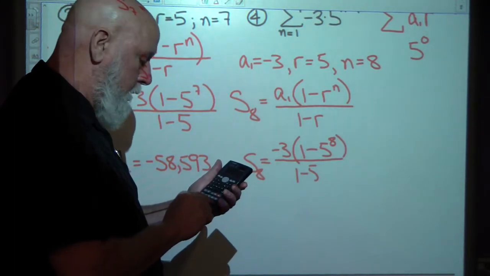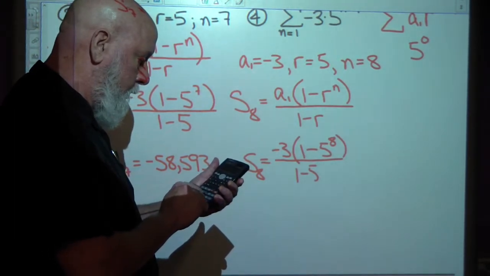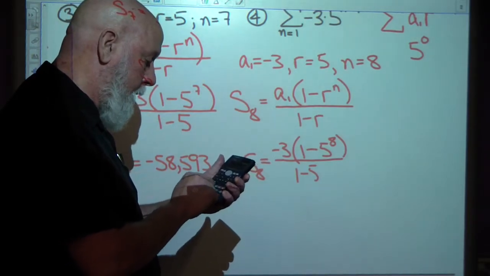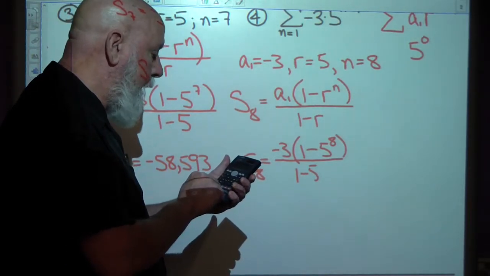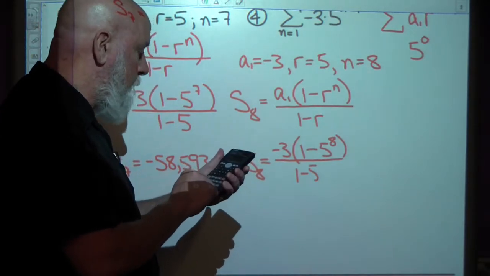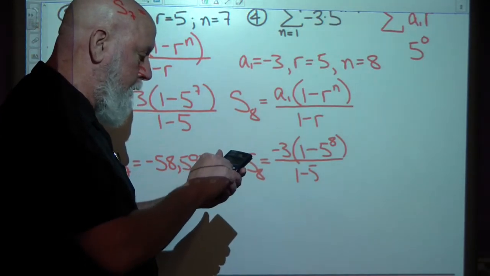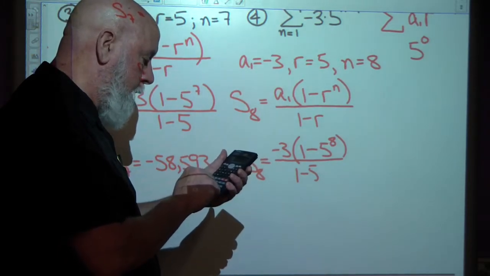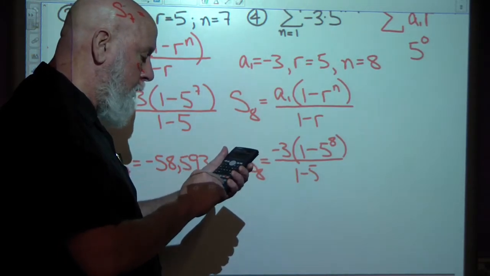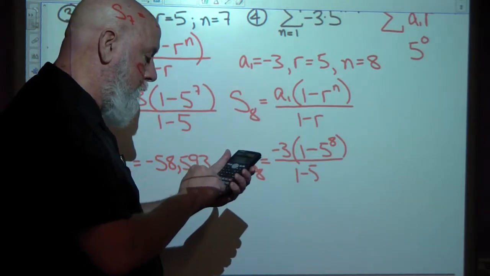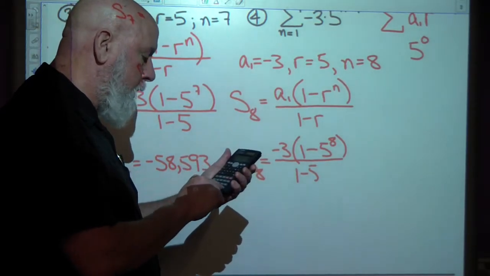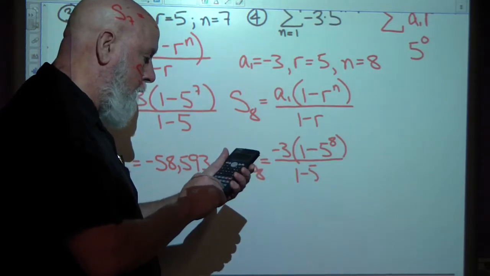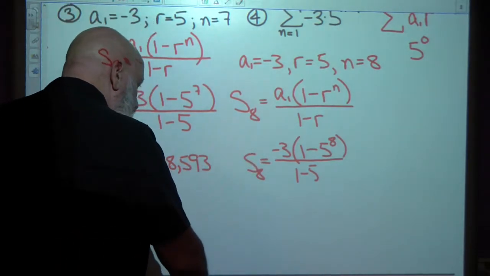We have negative 3 times 1 minus 5 to the 8th, close the parentheses, and then divided by negative 4. We got negative 292,000.